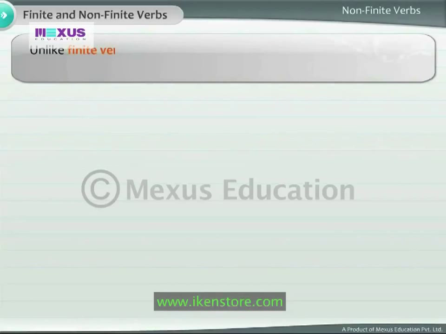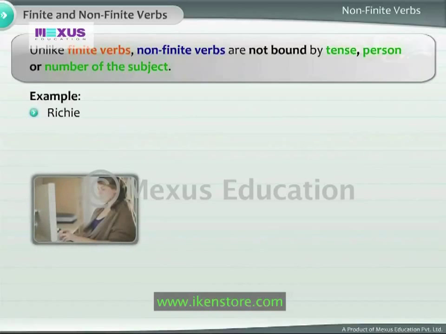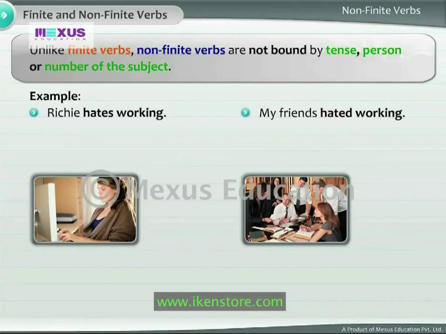Unlike finite verbs, non-finite verbs are not bound by tense, person, or number of the subject. Let us read these two sentences. Richie hates working. My friends hated working. Both these sentences have finite and non-finite verbs. The verb hate is the finite verb.